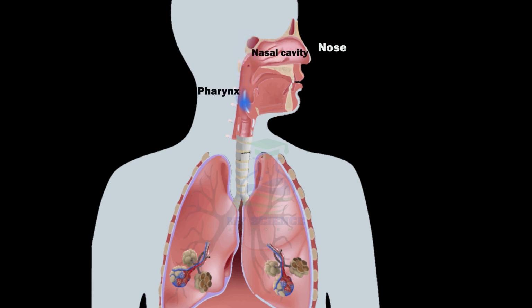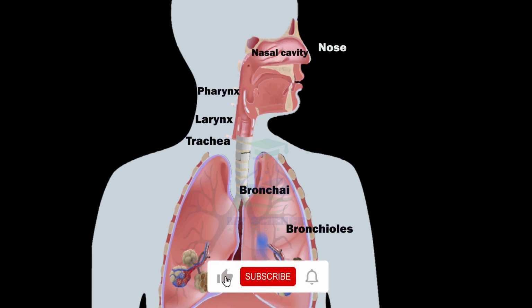From pharynx it enters into the larynx, and from larynx it enters into the trachea and then goes inside both lungs through bronchi and then into bronchioles. It enters into the alveolar duct and finally into the alveoli, where the exchange of gases takes place inside the capillaries of alveoli.